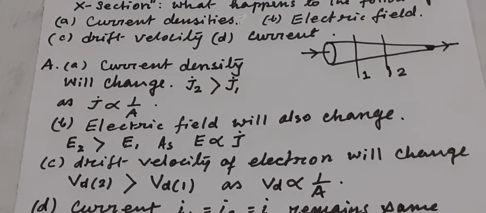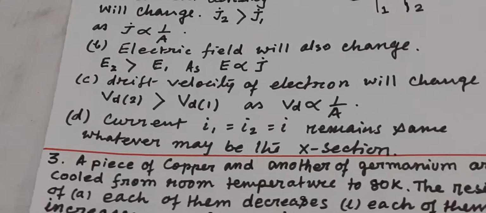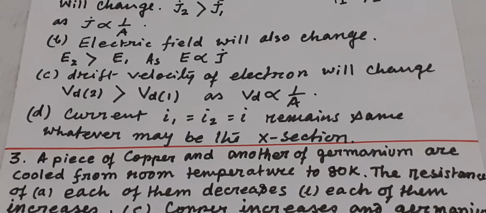Now what about current? Current will be the same for the entire cross section. Whatever may be the area, the same amount of current will flow through the entire length of the conductor.